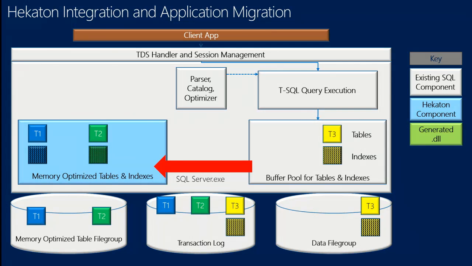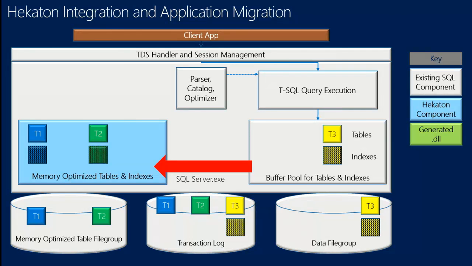Third thing, which is very important, is that we do not persist the index of in-memory OLTP tables. What we do is, when the table is loaded in physical memory, for example, I shut down my server and started it, the data has to be loaded from disk onto physical memory.